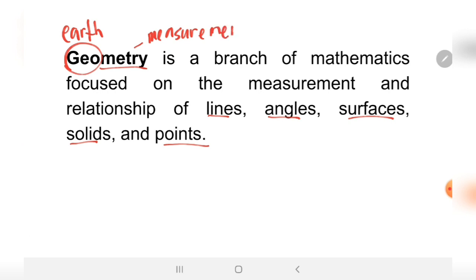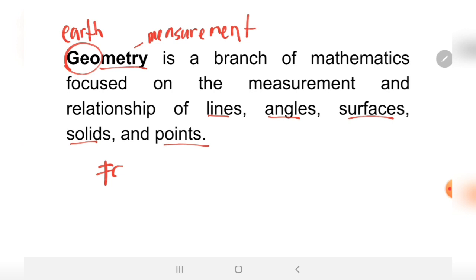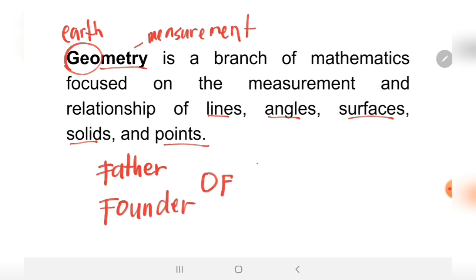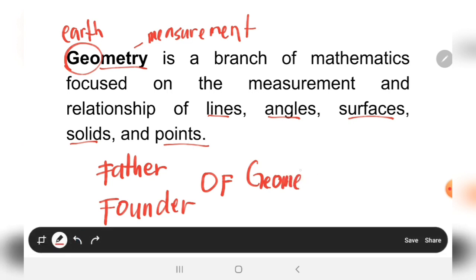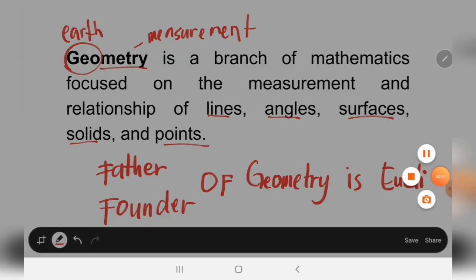Measurement. Earth measurement. And the father or the founder of geometry is Euclid.